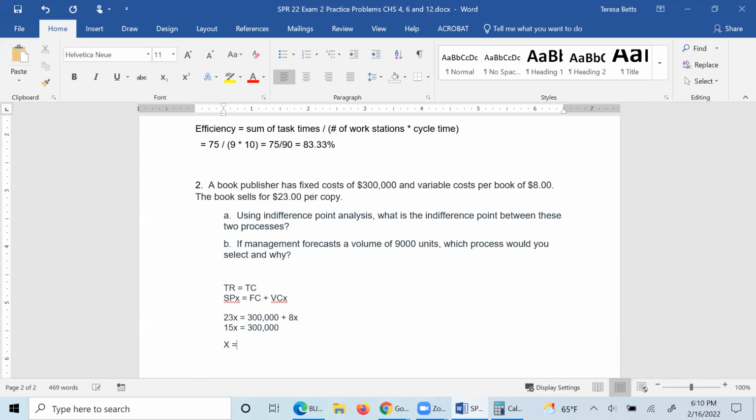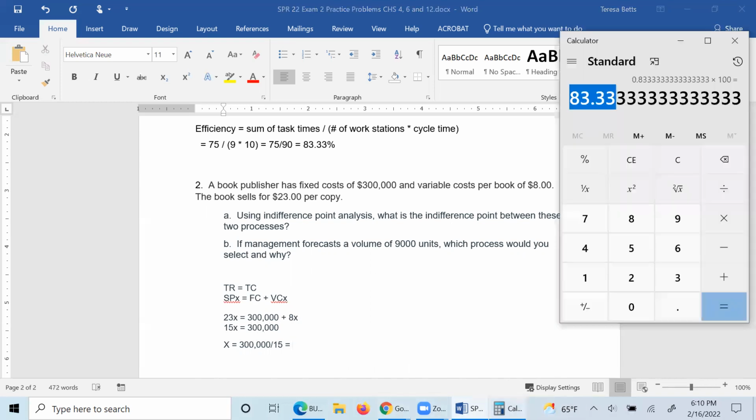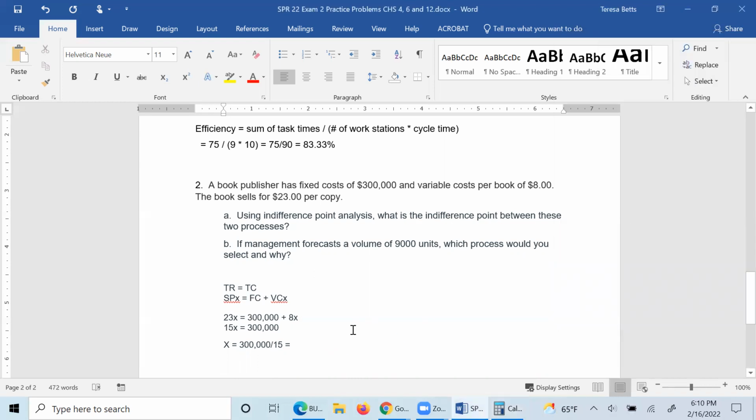So then X is equal to 300,000 divided by 15, which is equal to 20,000. So that's saying that our indifference point is 20,000 units. Okay, so that was A.